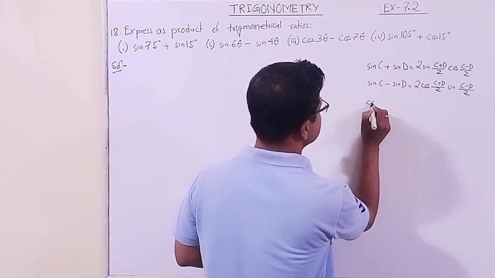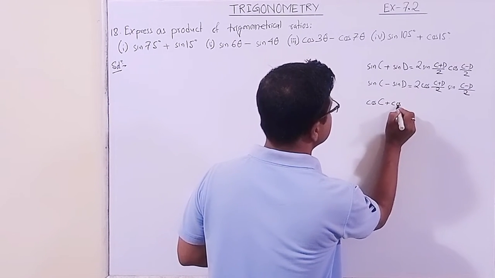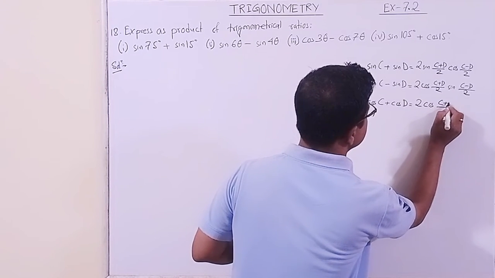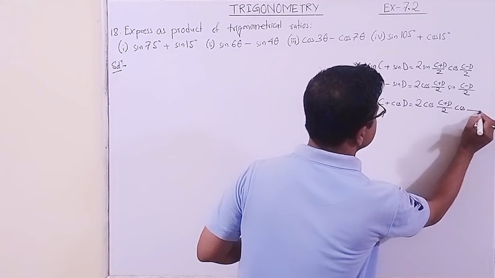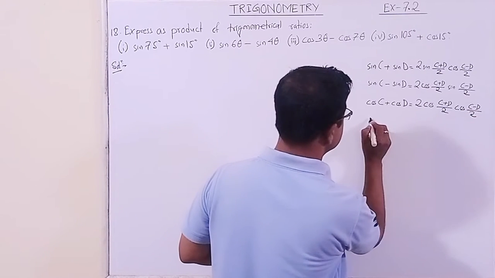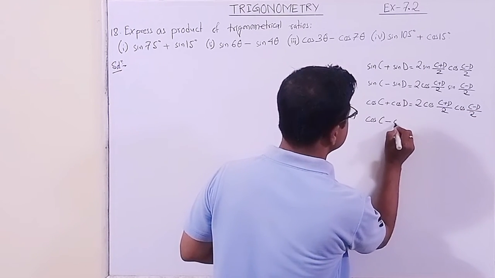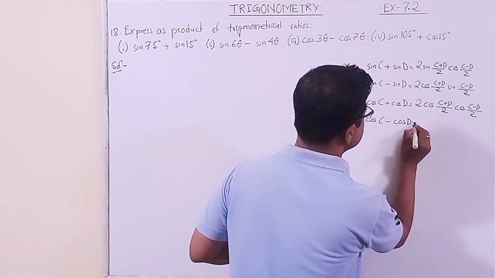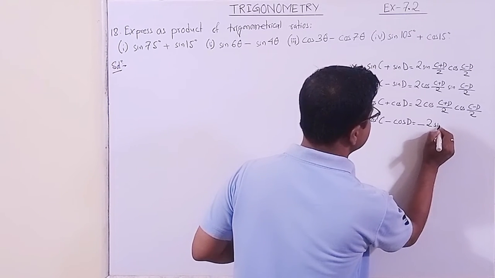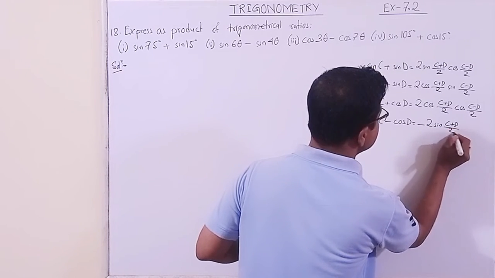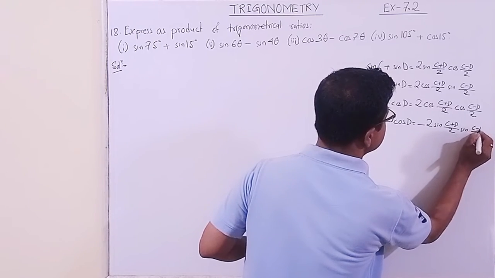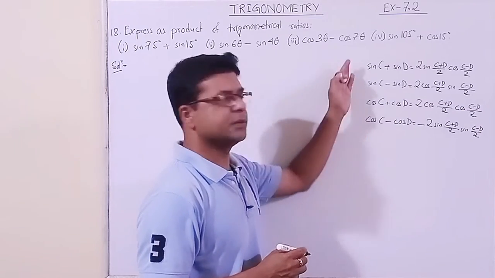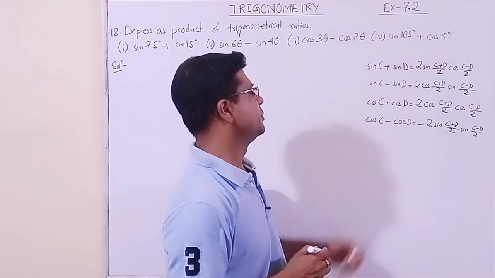Then next is cos C plus cos D, which is twice cos C plus D by 2 cos C minus D by 2. But here we have to be very careful. Cos C minus cos D is minus twice sin C plus D by 2 sin C minus D by 2. All the formulas are very easy except this one, which is a little bit hard due to the minus sign. We have already derived this in the explanation part of the introduction of this exercise 7.2.